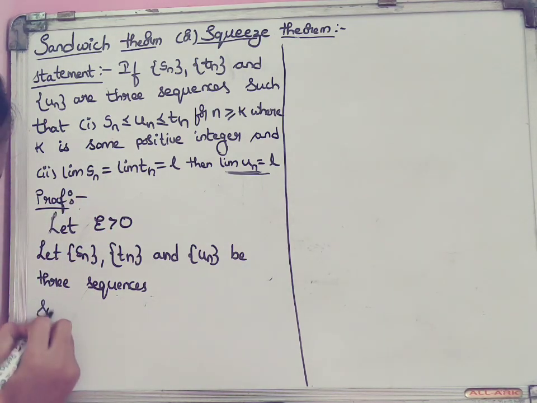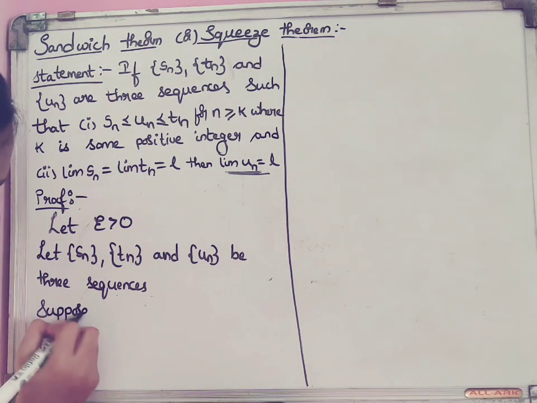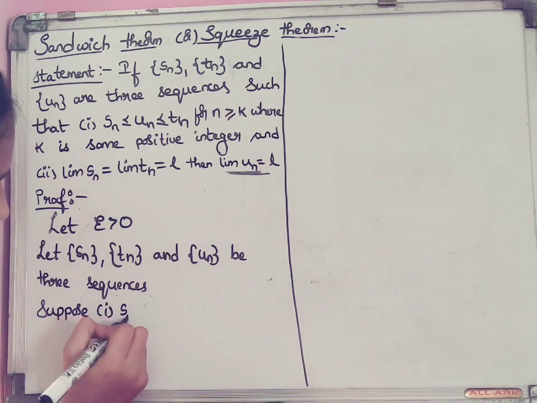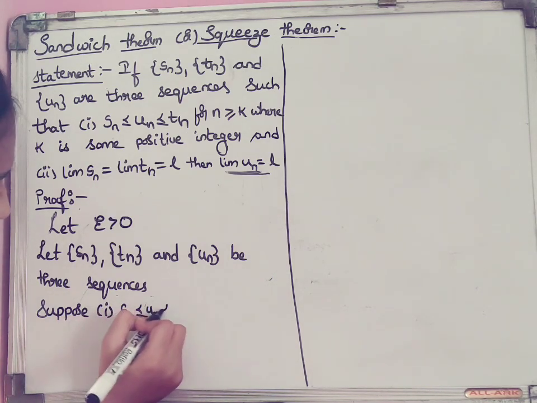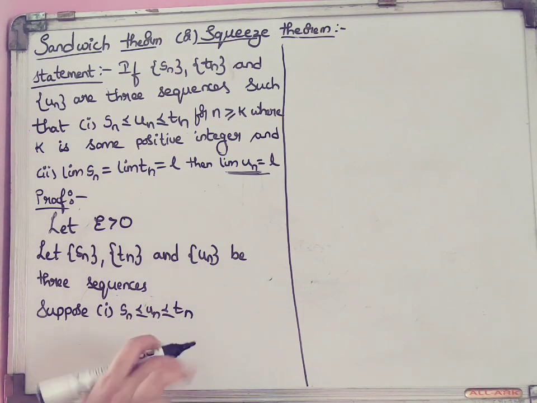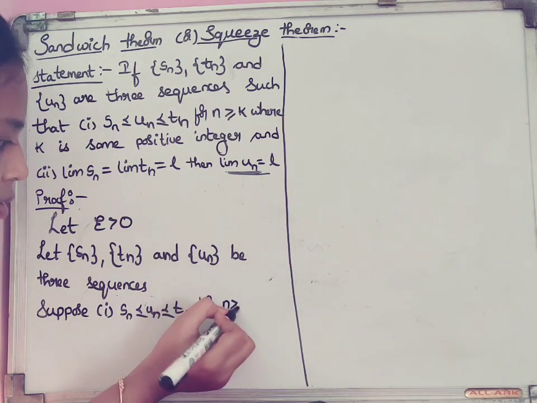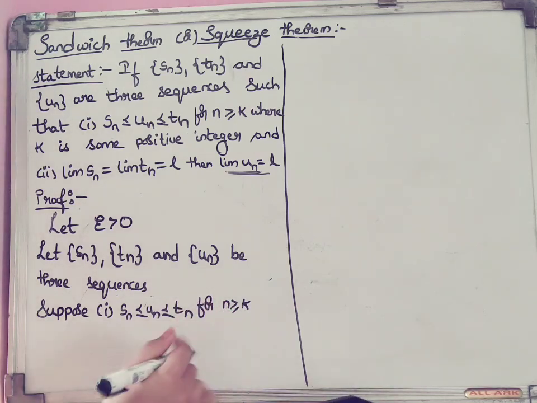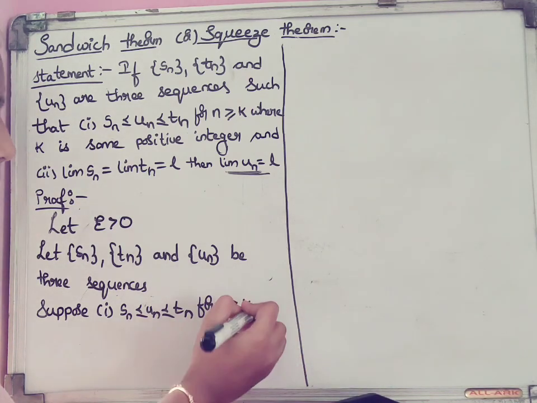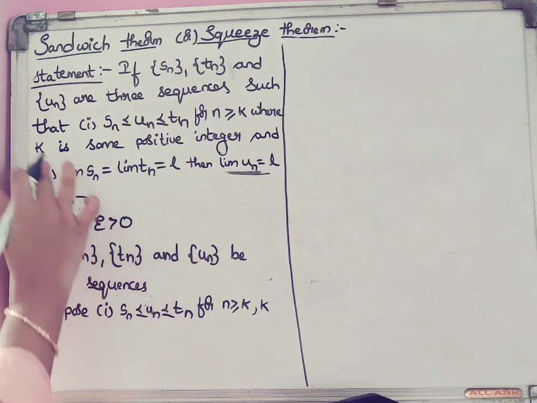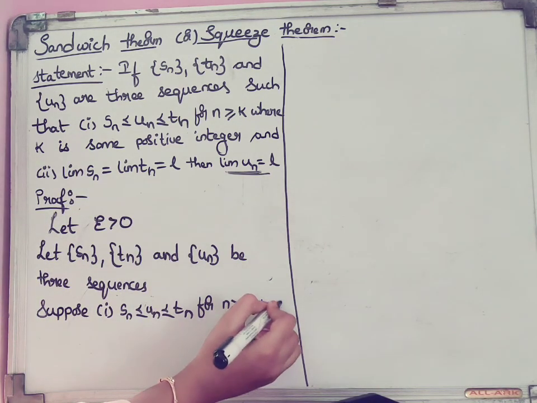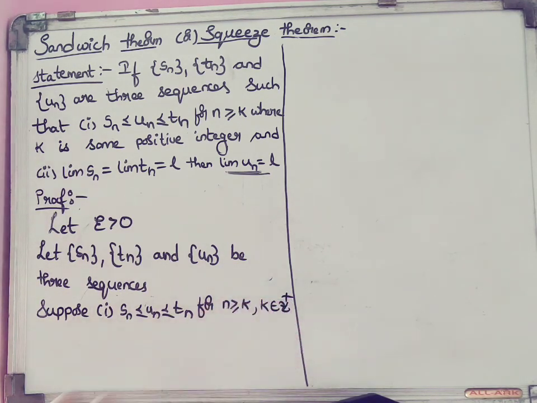Suppose Sn less than or equals to Un less than or equals to Tn for n greater than or equals to K. K is some positive integer, so we can write K belongs to Z plus. Next, we need to suppose one more condition.